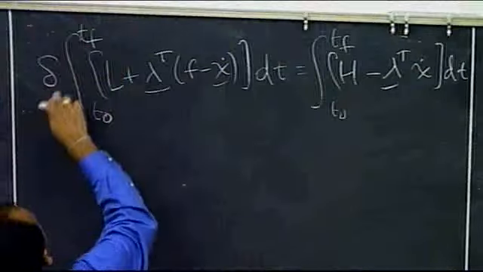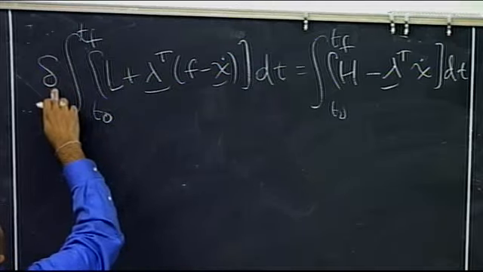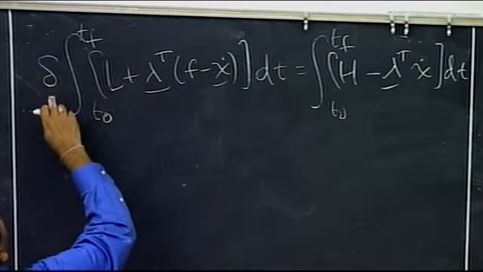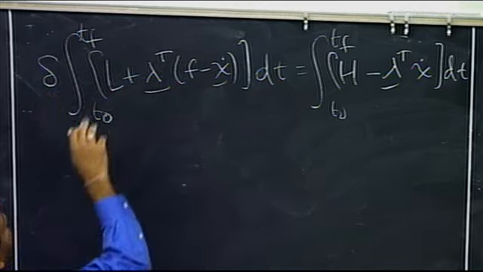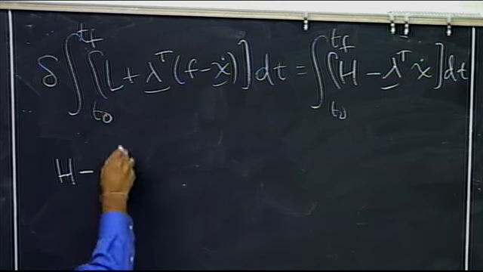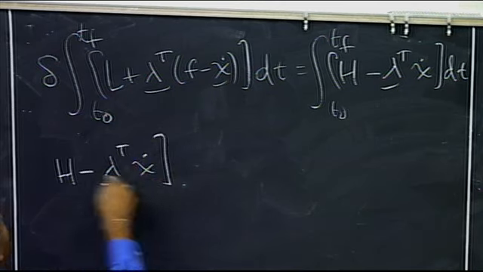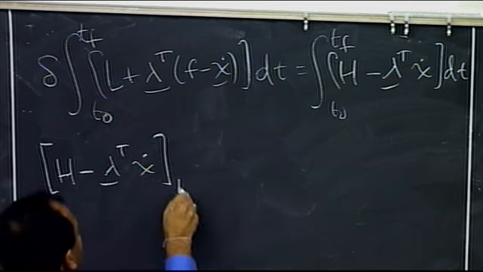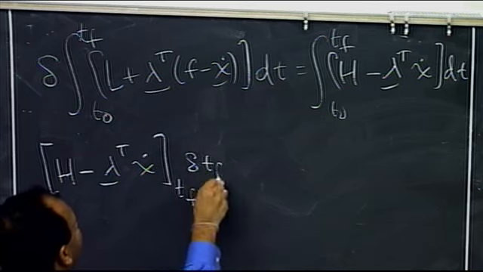So if I vary tf, what do I get? Well, in the variation of the integral, it's going to give me (H minus lambda transpose x dot) evaluated at tf times the variation in tf.